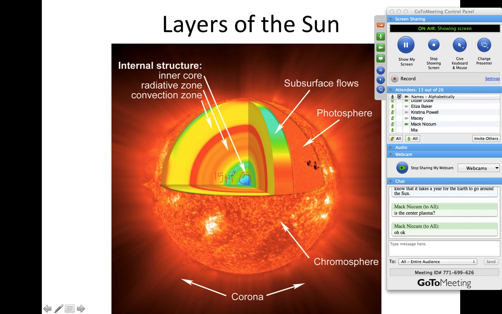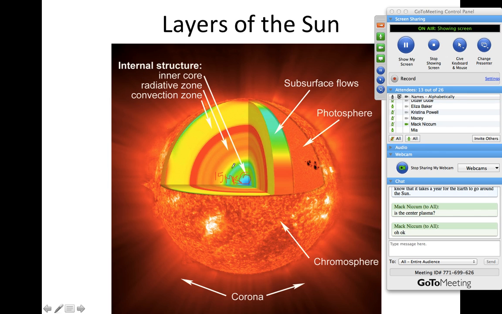Kelvin is the absolute temperature scale that starts at minus 370 something centigrade. But it's very, very hot. So the hottest area in the sun is here at the core.